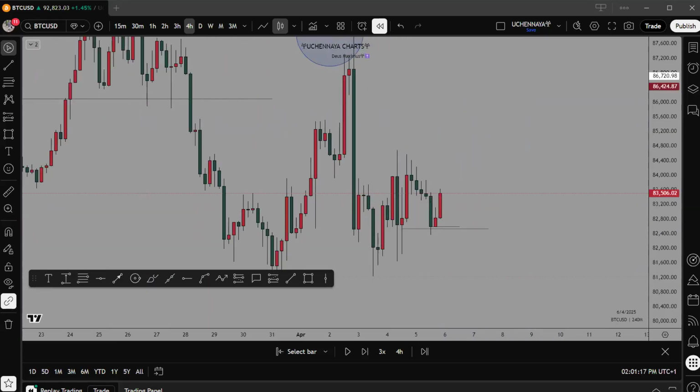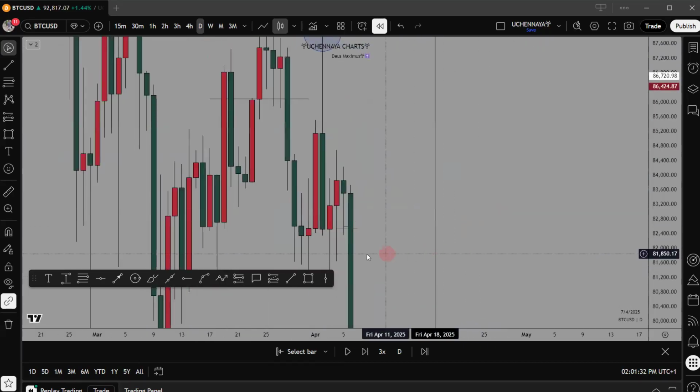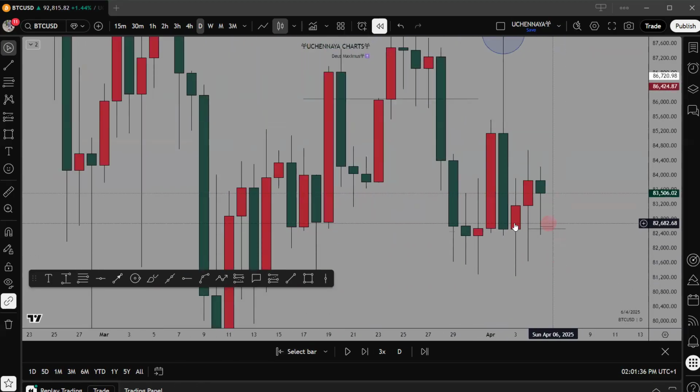Okay. But then trying to take another entry from here is going to be disastrous because this daily level here has already been consumed.